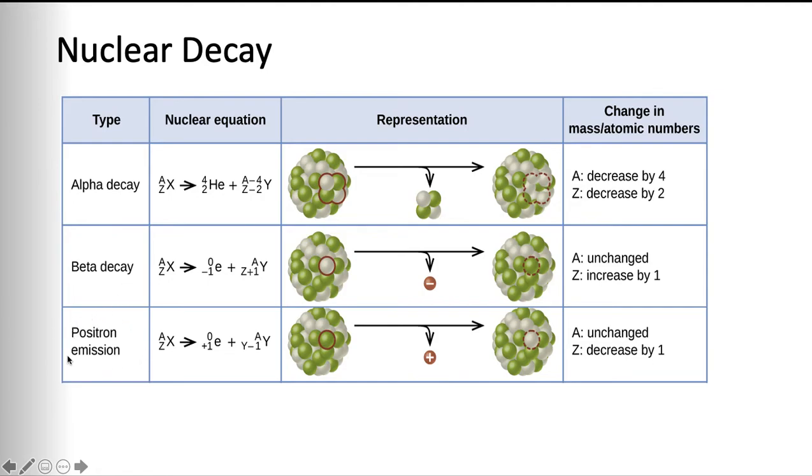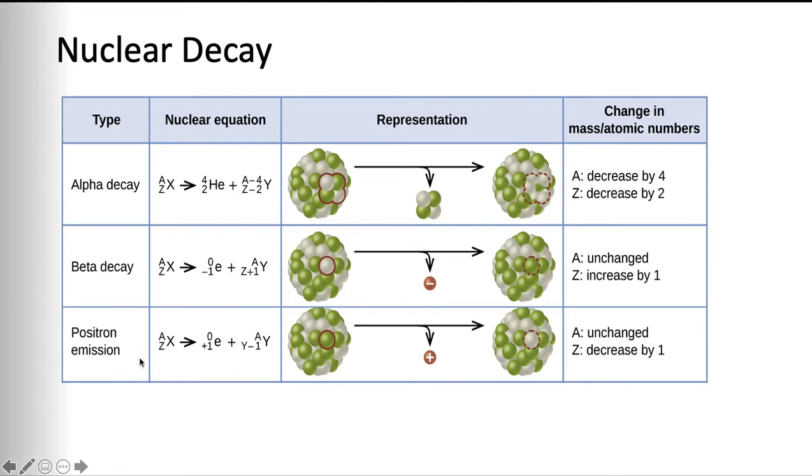Now let's talk about positron emission. Positron emission is exactly the same, but it has a positive charge, not a negative charge. And therefore what I'm doing here is taking a proton and converting it to a neutron. Therefore my Z, my atomic number, is decreasing by 1 because I'm getting rid of a proton and converting it to a neutron.